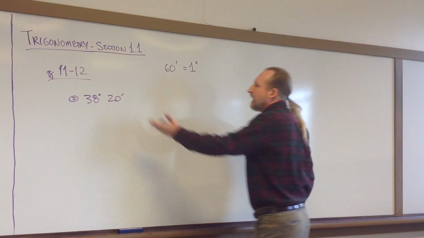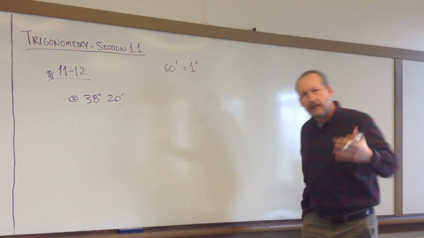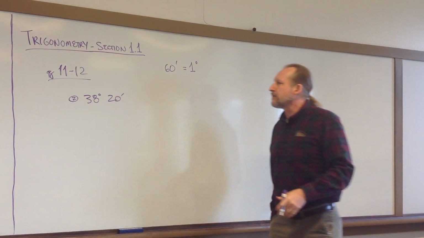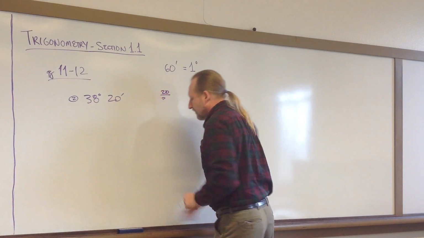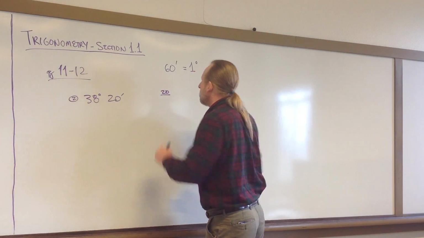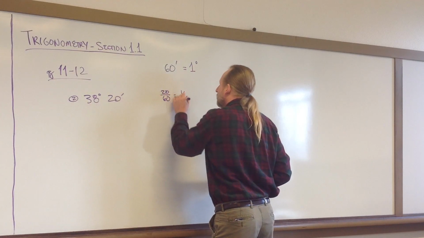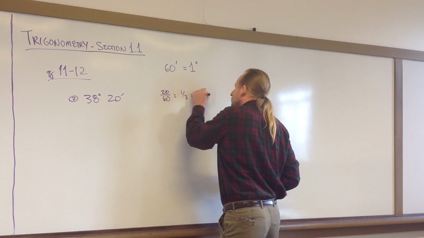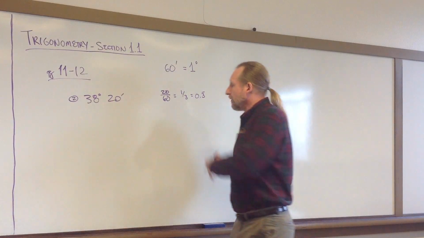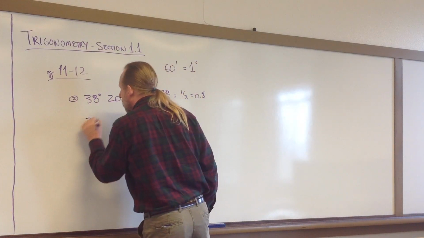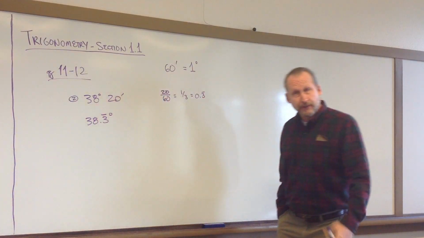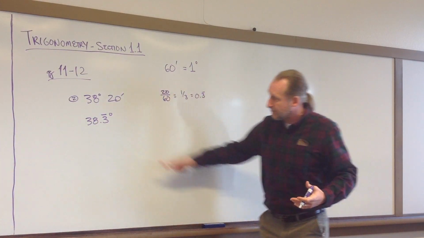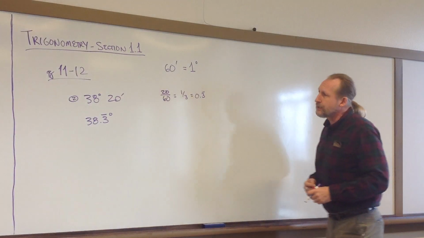So if we have 20 out of those 60 minutes, then that's going to be a fractional part of a degree. We want to take the number of minutes and divide it by 60 to find out what that fraction is. This turns out to be 1/3, which is 0.3 repeating. So we write this as 38.3 with the bar over it to indicate the repeating degrees.